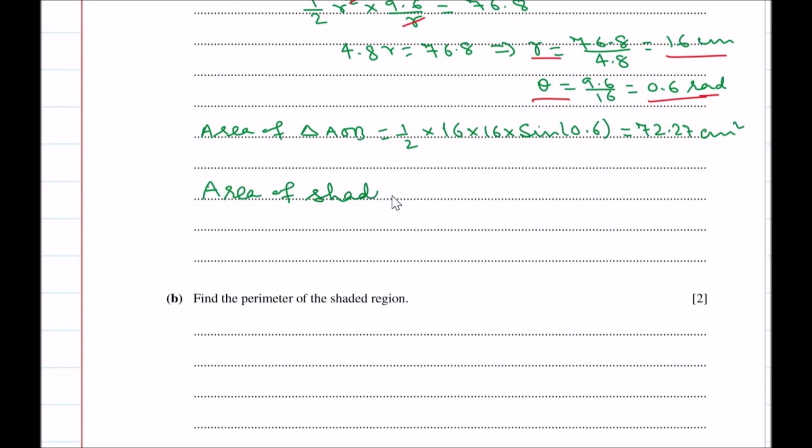Area of shaded region is equal to sector area, that is 76.8, minus triangle area, that is 72.27.